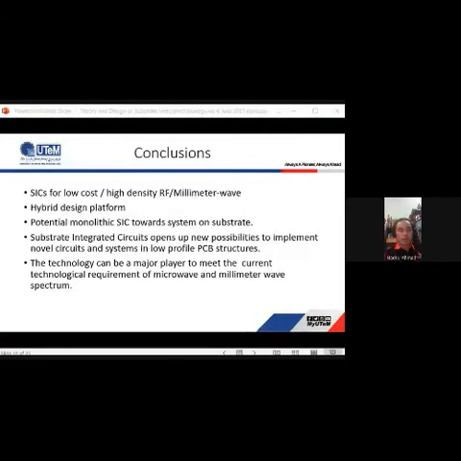So ultimately we want to produce a system on chip, and the idea of SIW is capable of realizing this. We also have substrate integrated circuits that open up new possibilities to implement novel circuits with a very low profile PCB structure, and also new technology. It can be a major player to meet the current technology requirements for microwave and millimeter wave spectrum.